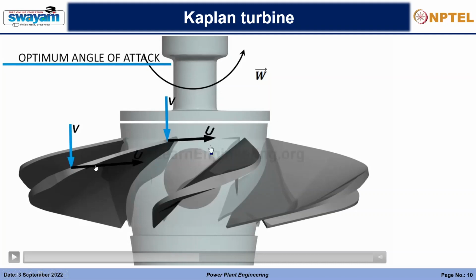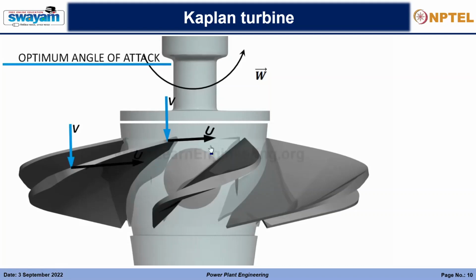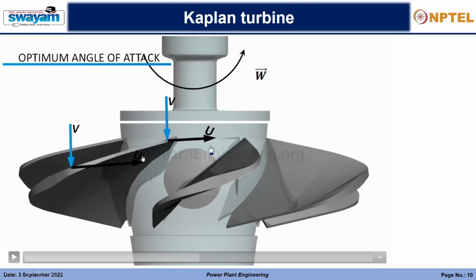So at the periphery it will be highest, and at the root it will be the lowest. Accordingly, we need a constant optimum angle of attack at each position, but the blade angle is changing. Hence the shape is twisted so that it has an optimum angle of attack even with the change in blade velocity. That is the purpose of designing the blades like this.